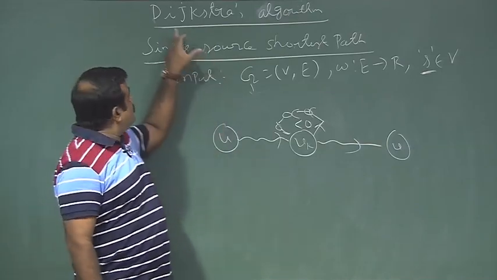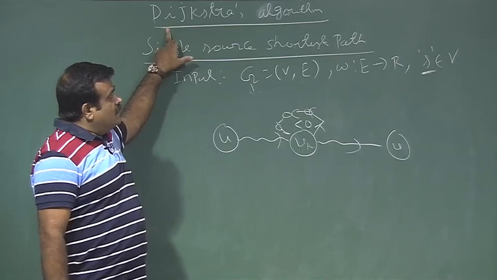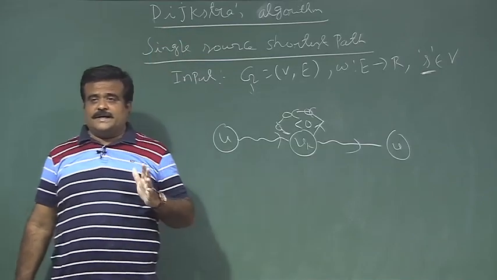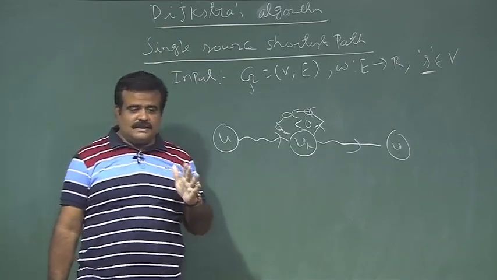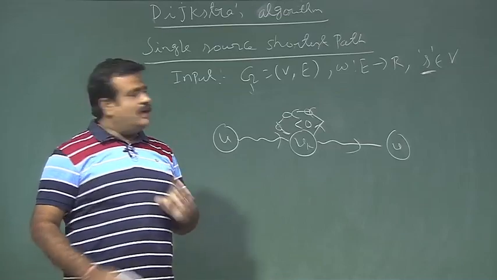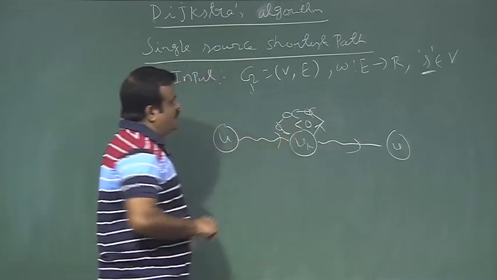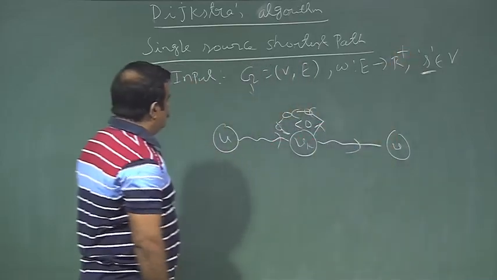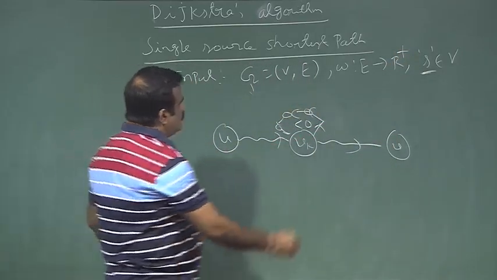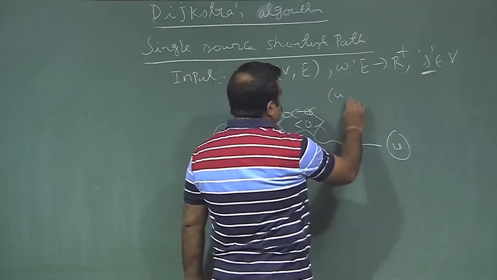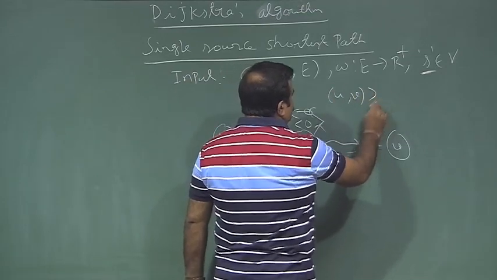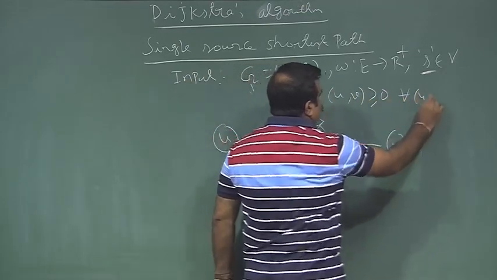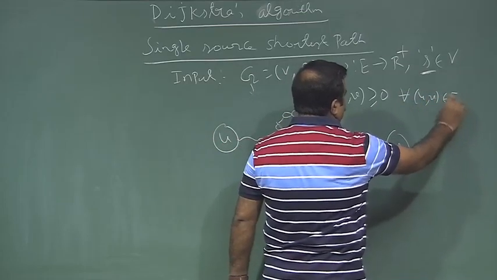This algorithm cannot handle the negative cycle. So that's why for this algorithm we assume the weight function to be non-negative, so the weight of every edge (u, v) belonging to E is non-negative.